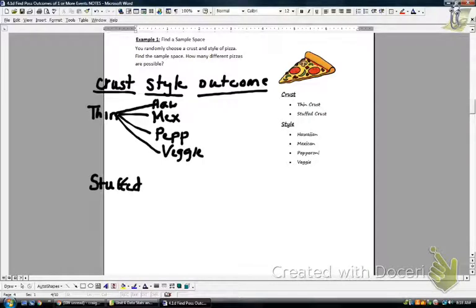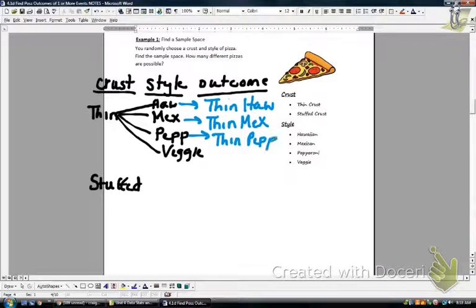So then our outcome is thin Hawaiian, or we could choose thin Mexican, or we could choose thin pepperoni, or we could choose thin veggie. Okay, so there's already 4 different kinds of pizzas we can choose.